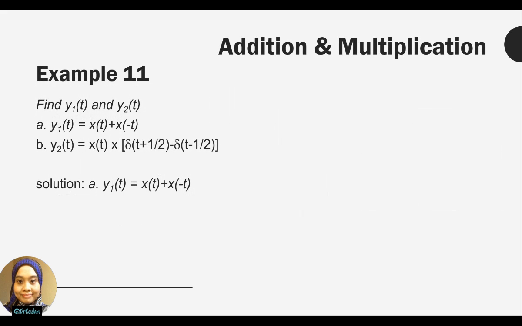Another one is the addition and multiplication. If you see questions A and B here, basically it is the addition of 2 functions to become a different function y, and then you need to use combinations of the 3 operations that you have learned before: scaling, shifting, as well as reversal.